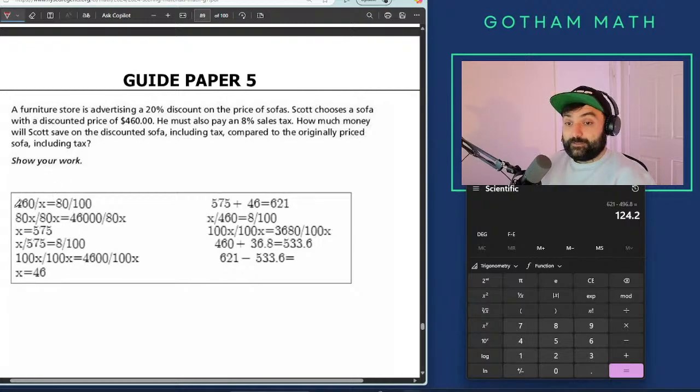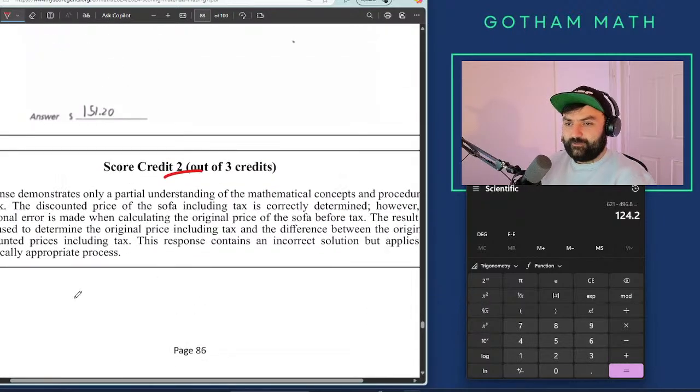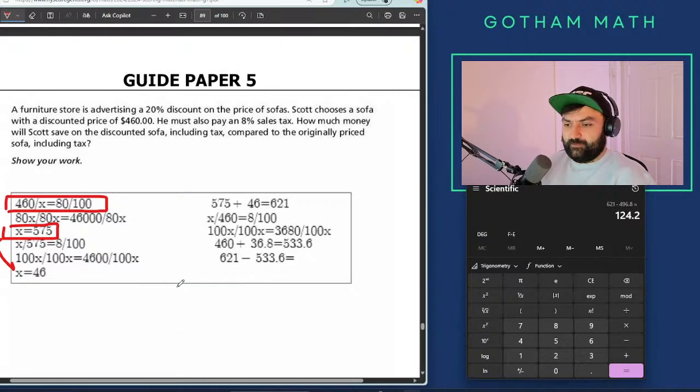Oh wow. Let's see. Well, this is how you find the original price, and this is the original price. So here they try to find the tax. I don't remember, the tax was 46. Was it 46? Whatever.